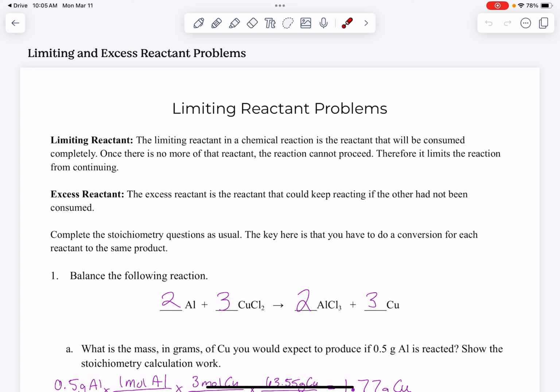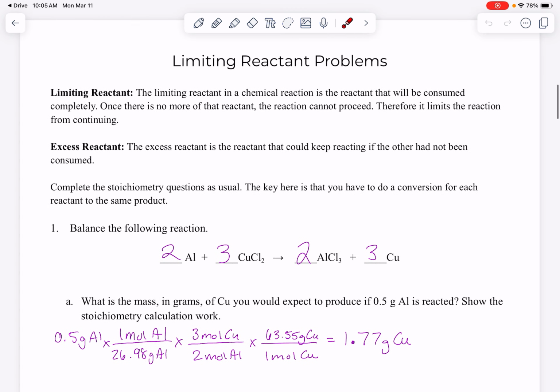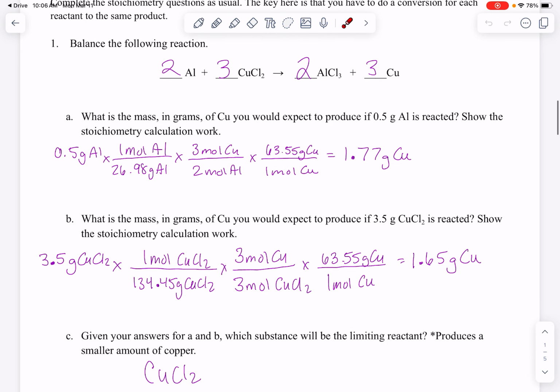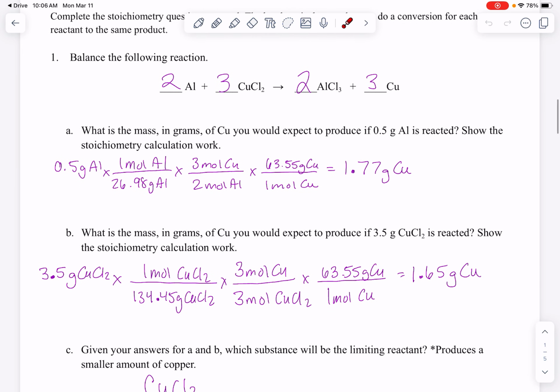Limiting and excess reactants was a new concept, but it was still stoichiometry. The big thing here is just problem solving. Your limiting reactant is the one that produces the lesser amount of product, and your excess is the one that produces more of the product that you're looking for. So the key here, if we look at this first problem, is that you're solving for the same substance.